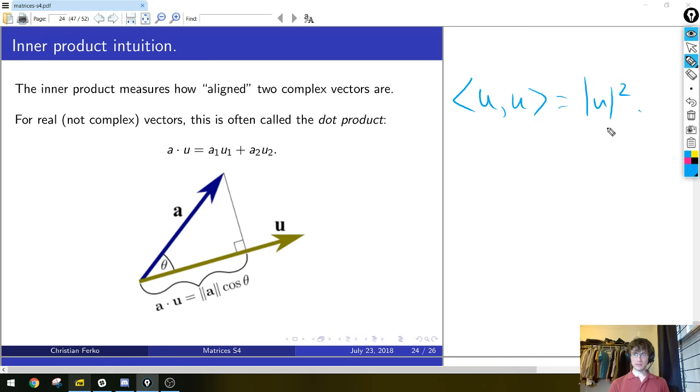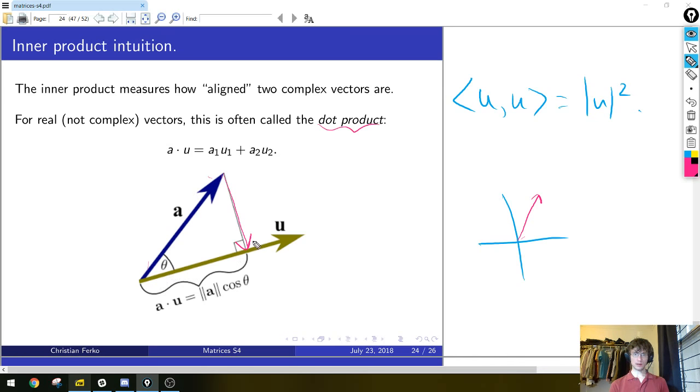Maybe that's less intuitive for complex vectors, but for real vectors in the plane, which are just arrows, directed line segments, for instance in R2, this inner product is sometimes called the dot product. So A dot U: you take the first component of A times the first component of U and add the second component of A times the second component of U. And geometrically, what this does is it projects the vector A onto U. It's taking the vector U and asking how much of A points along U.